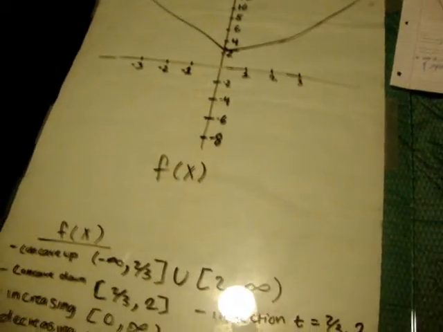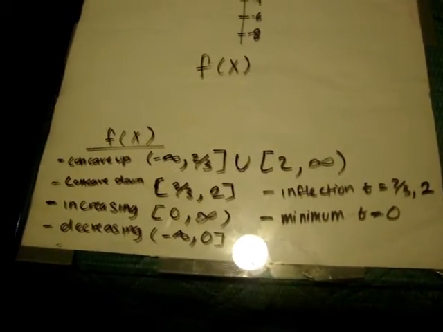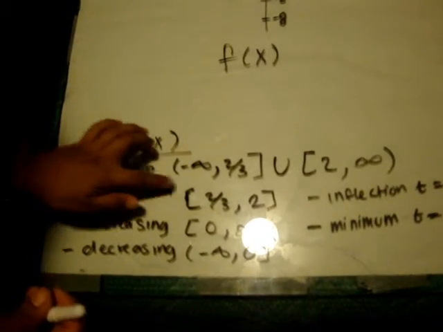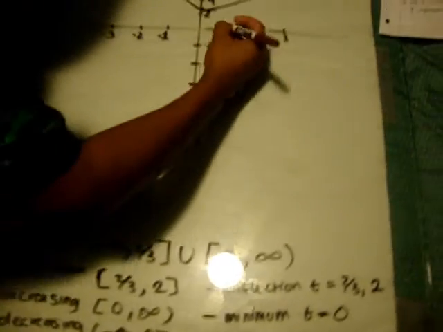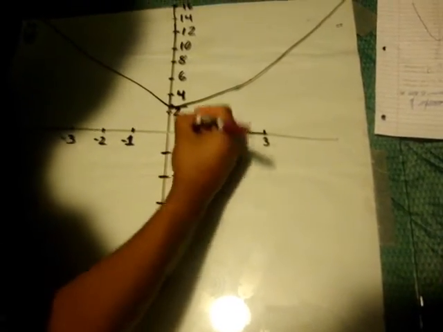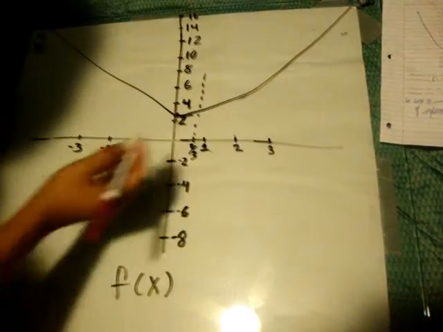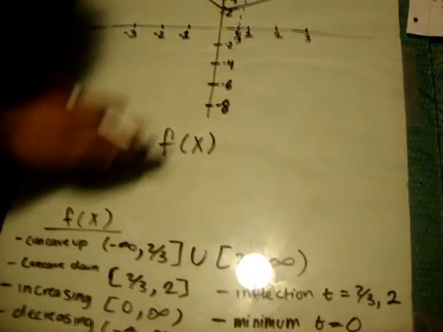Okay, so now let's get a little bit more specific. Now it says that the graph will be concave up from negative infinity to 2/3. So what you're going to do is find 2/3, which would be around here. Okay, and it says that it will be concave up.